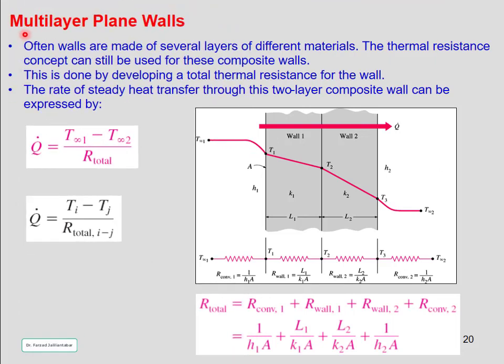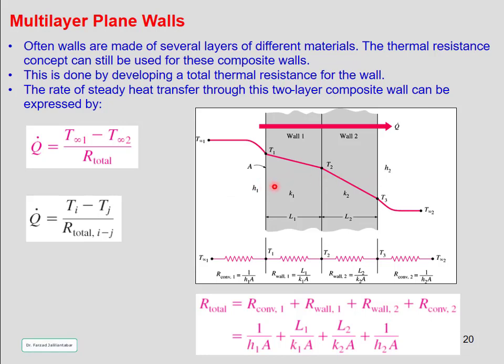Now let's consider heat transfer through multi-layer plane walls. In practice, we often encounter plane walls that consist of several layers. The thermal resistance concept can still be used to determine the rate of steady heat transfer through such a composite wall.